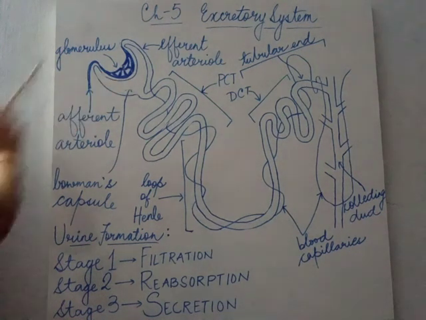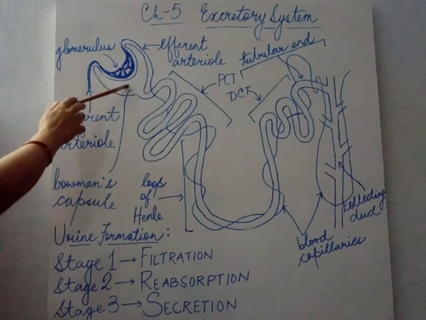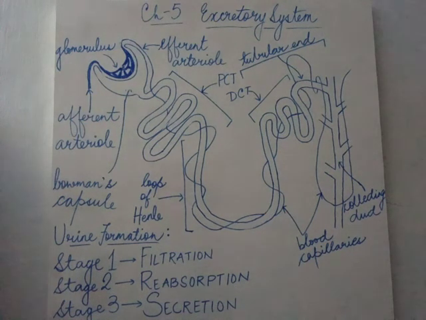This Bowman's capsule is part of the nephron, and the nephron is the unit of filtration, or functional unit of the kidney. Nephrons filter the waste products from the blood. Blood is filtered in the nephrons to eliminate wastes like salts, urea, uric acid and excess water in the urine.